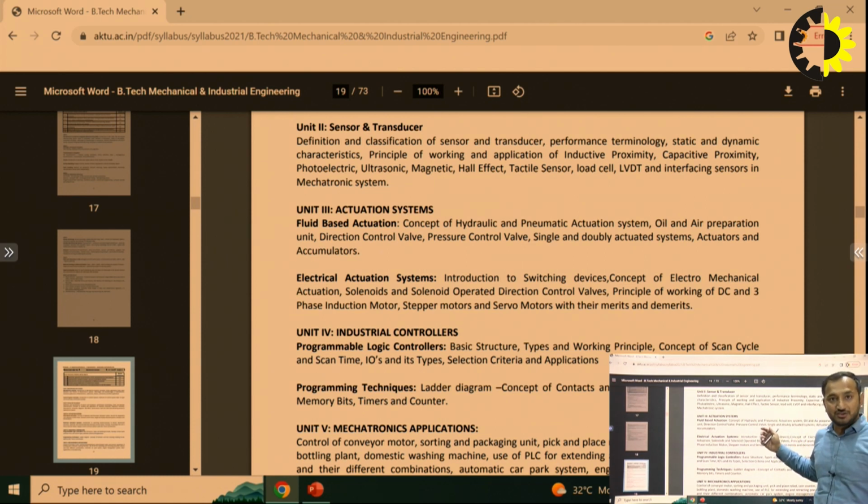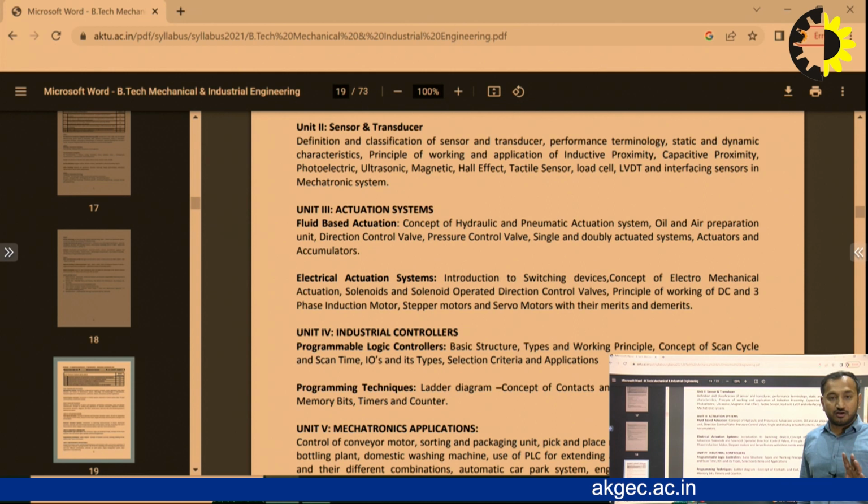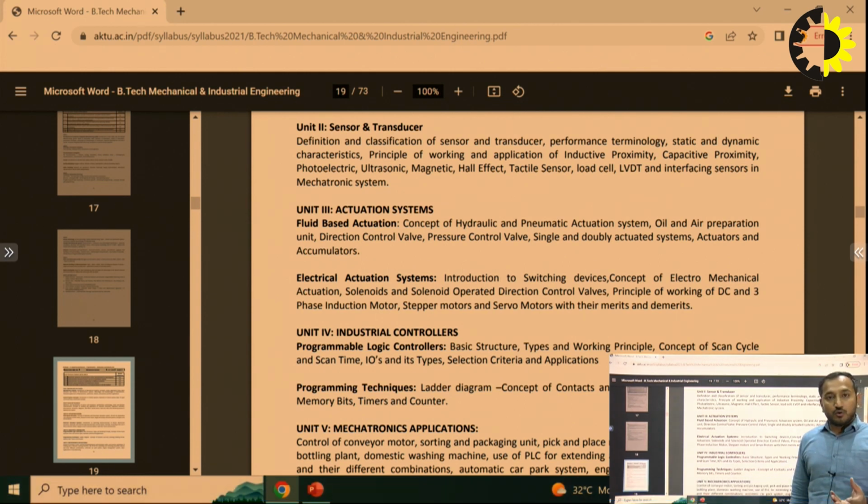Pneumatic essentially means air. With the help of air, in compressed form, we do certain specific tasks. Next we will be studying electrical actuation. Electrical actuation means the power required will be electrical, and an example of electrical actuation is a motor.